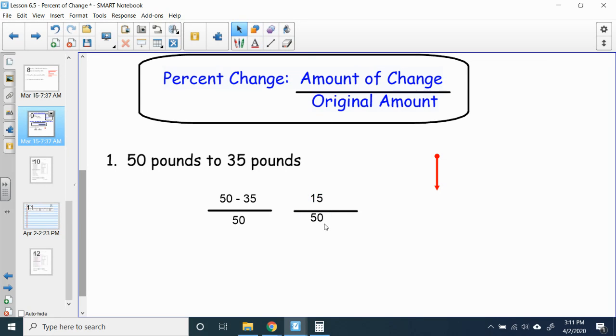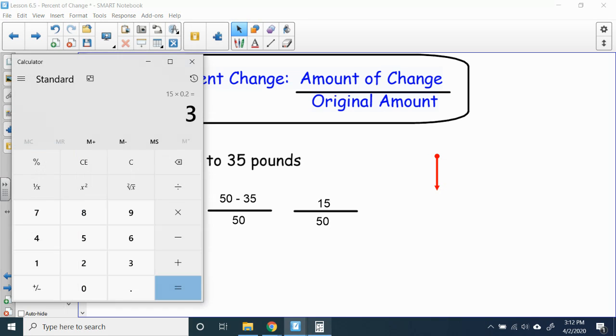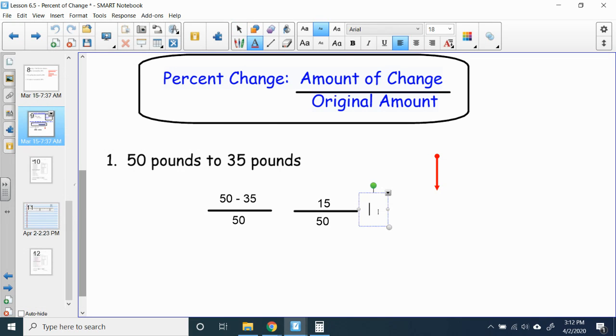So I have a fraction of 15 over 50, or 15 divided by 50. I'm going to grab my calculator and divide that. 15 divided by 50 gives me the decimal 0.3.